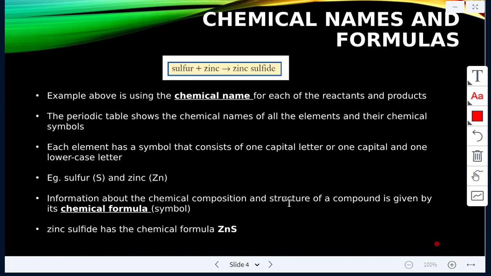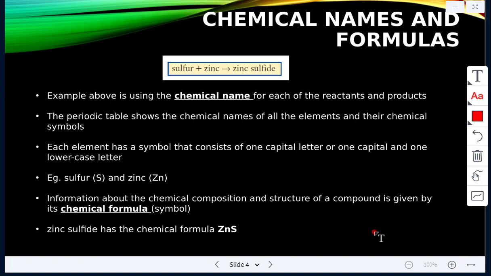For example, when we look on the periodic table, the symbol for sulfur is just capital S. The symbol for zinc is a capital letter and a lowercase letter: capital Z, lowercase n. So that's the chemical formula for zinc.